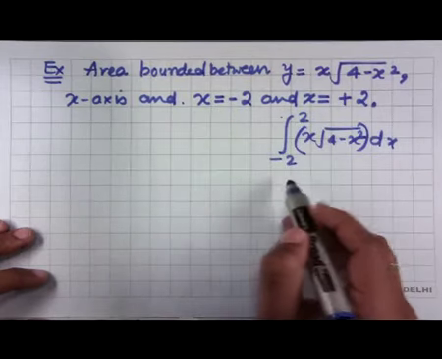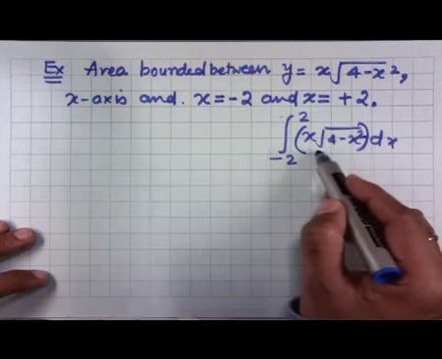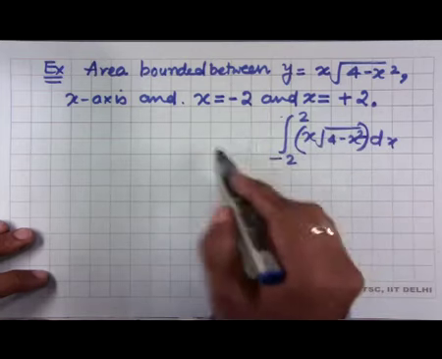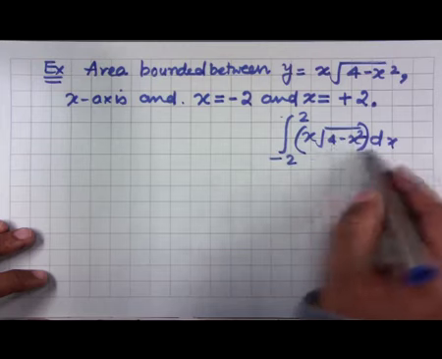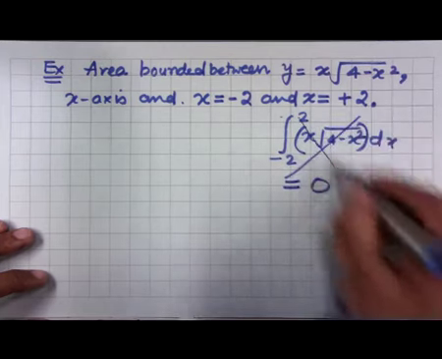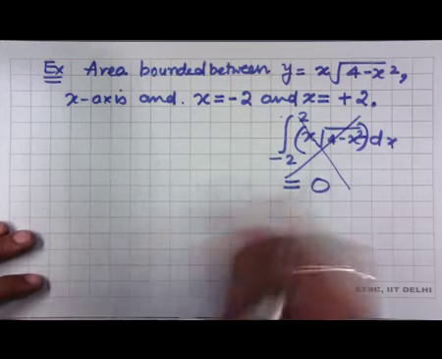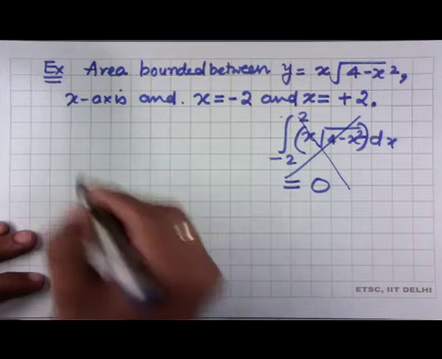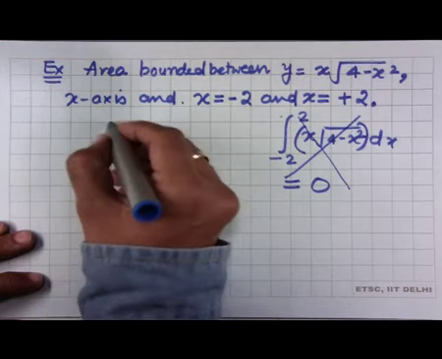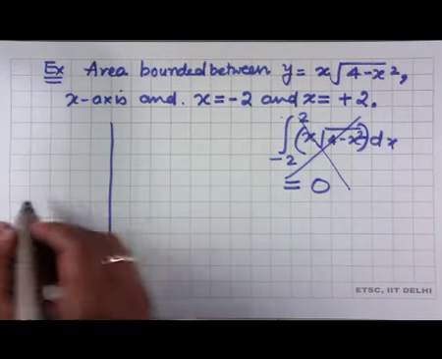This is an odd function, so immediately the value will be 0. So therefore there is some problem with our approach. Without plotting we cannot proceed, so we should have a rough idea of the curve. So let us draw it first.